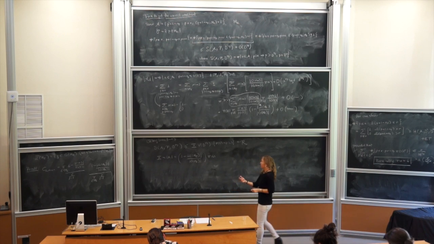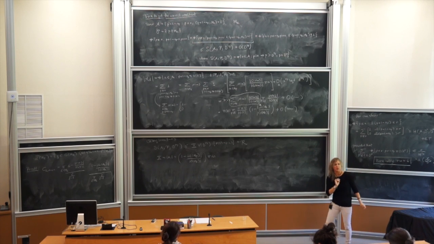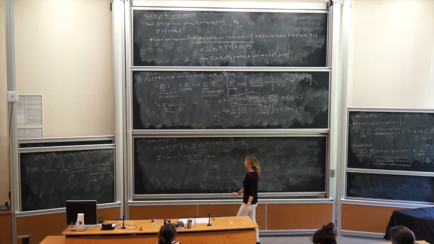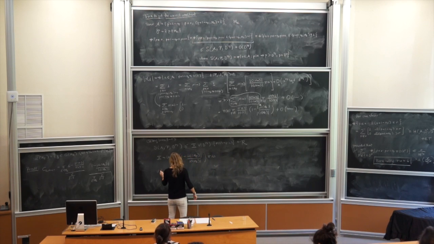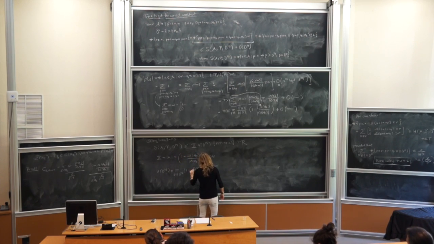Because I took the primes p such that p plus 1 minus ap was co-prime to ME. So if you take d equal to 1, that's the size of A. And what is v of d? Well, v of d is always the same thing. This is the product over L smaller than d to the 1/2. So inclusion-exclusion.